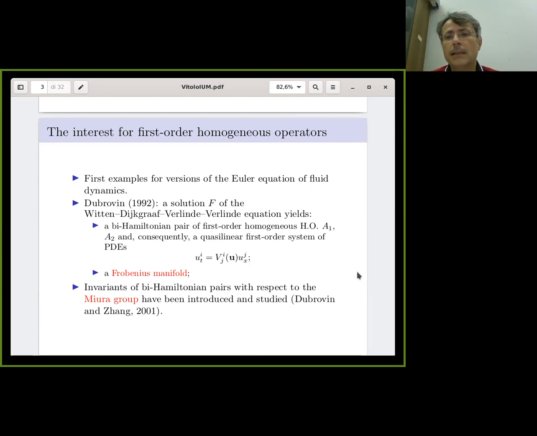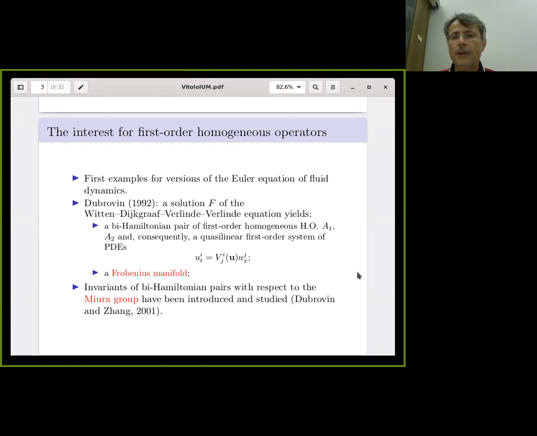This means that the PDE system is bi-Hamiltonian. Which PDE system? Indeed, when you start in this way from a solution of the WDVV equations, for short, you obtain only a pair, but from the pair you can deduce the system of PDEs as the first non-trivial flow of the hierarchy that is generated by the bi-Hamiltonian pair using the Magri scheme.